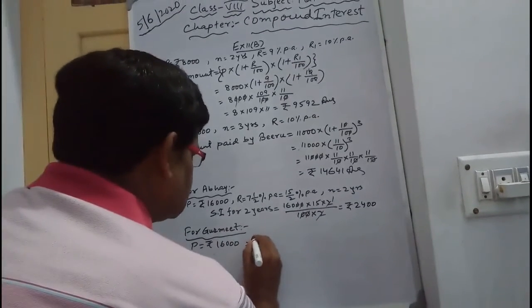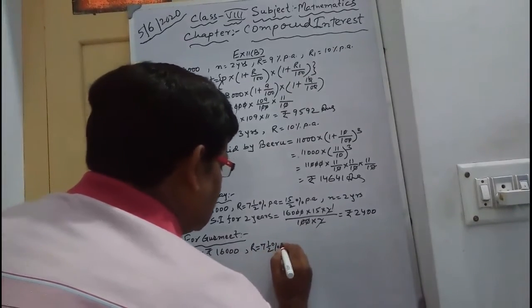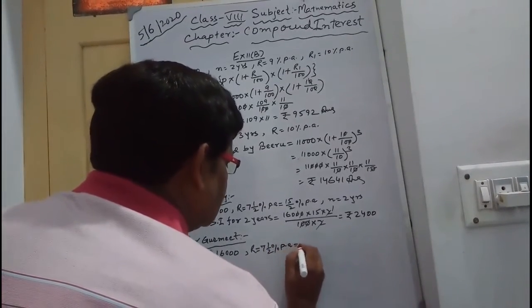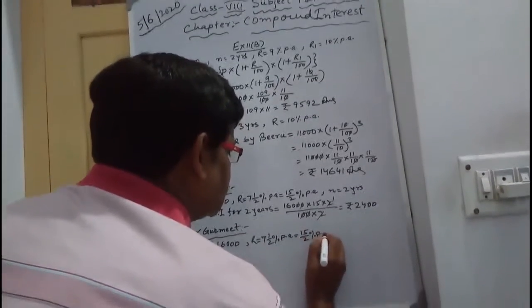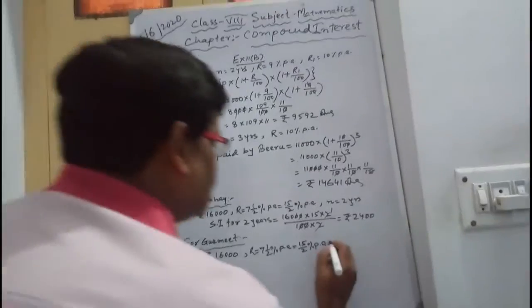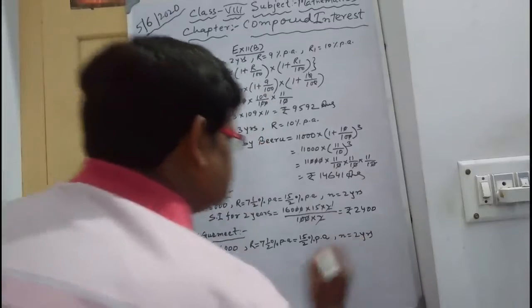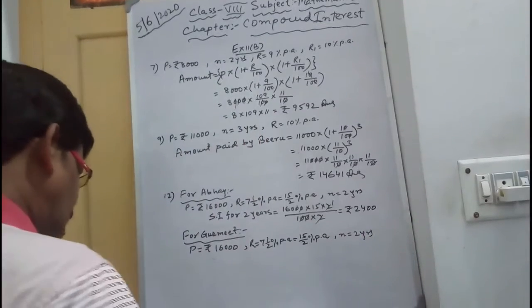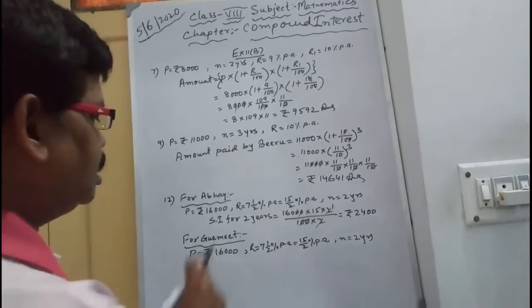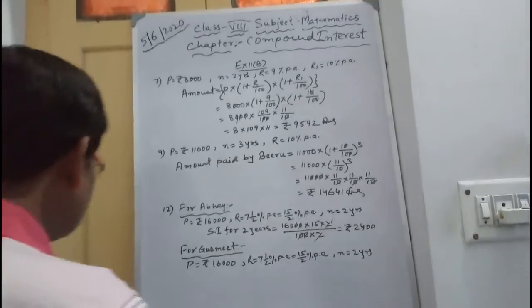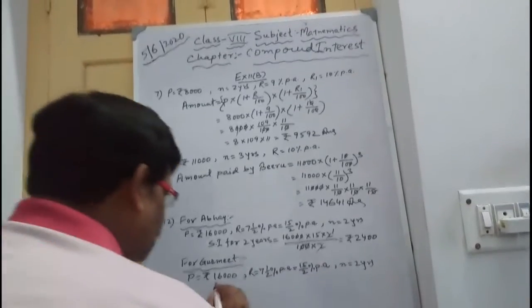Same rate of interest, 7.1/2% PA, that means 15/2% PA, and same time, N equal to 2 years, but with that one compounded annually. So for Gurmeet you have to find compound interest. So first find the amount.